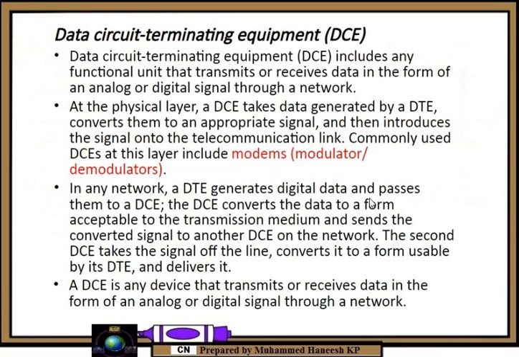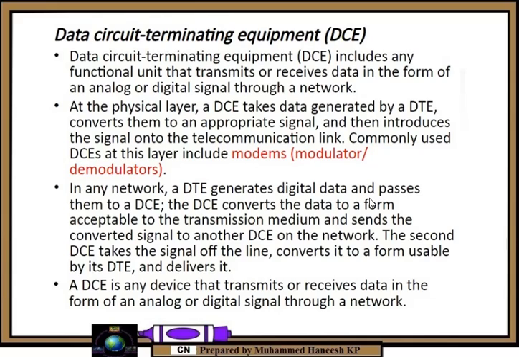Now, data circuit terminating equipment, that is DCE. It involves operative units that transfer or receive data in the form of digital or analog signals within a network. In the physical layer, the DCE obtains the data produced by the DTE and converts it into suitable signals. Then it introduces the signal onto the telecommunication link.